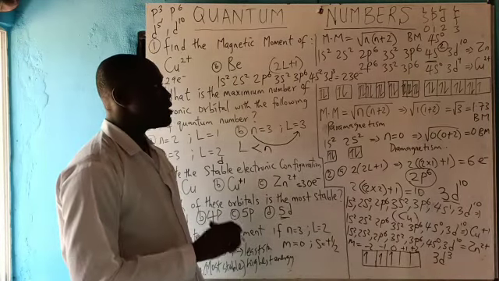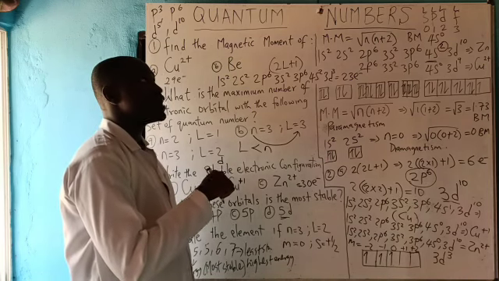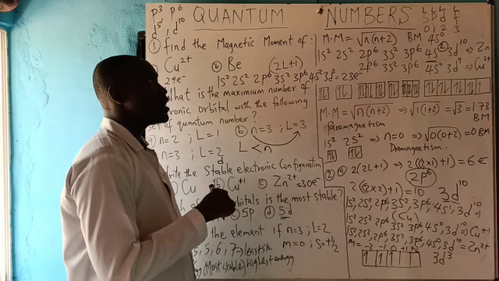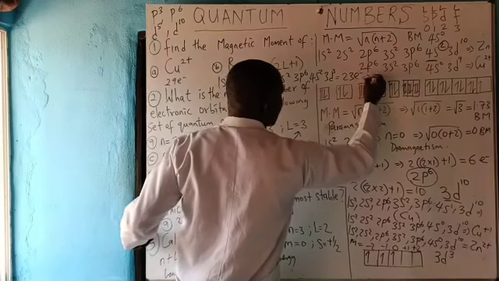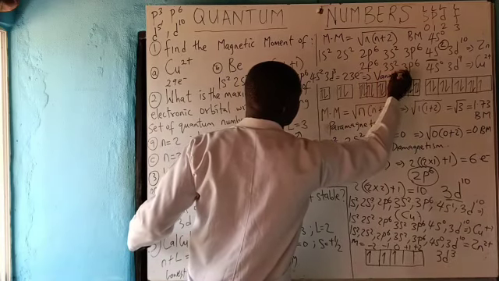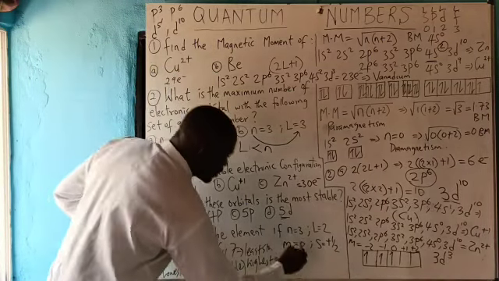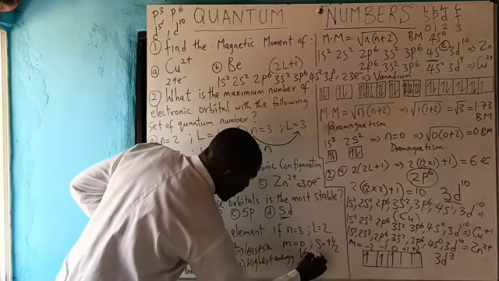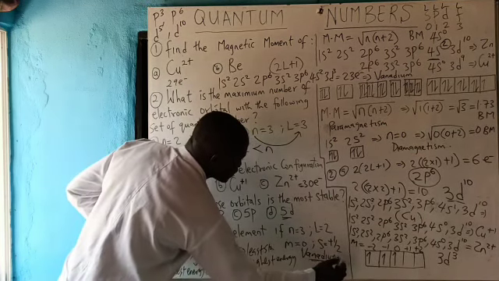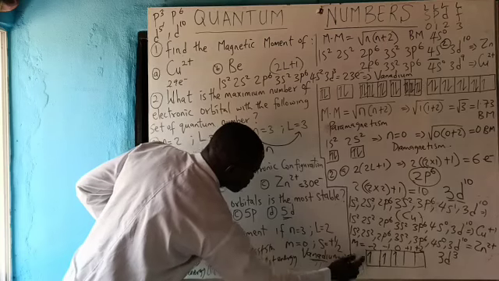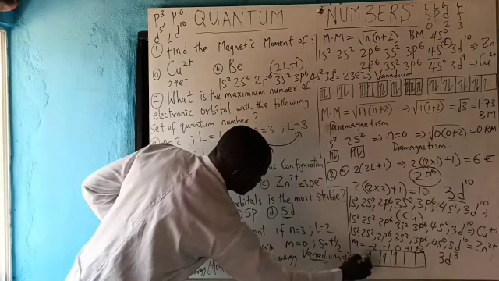Which element has 23 electrons? 20 is calcium, 21 is scandium, 22 is titanium, and this is vanadium. So the element we are looking for here is vanadium. That is the one with 23 electrons.